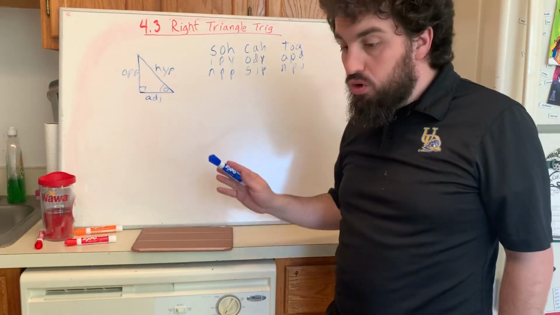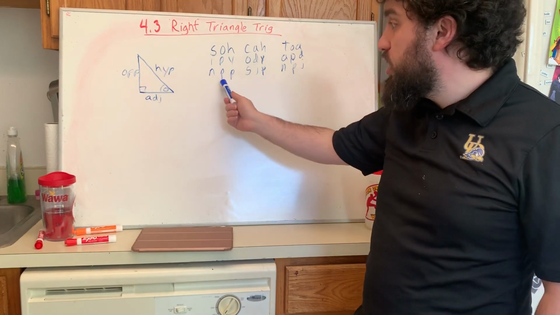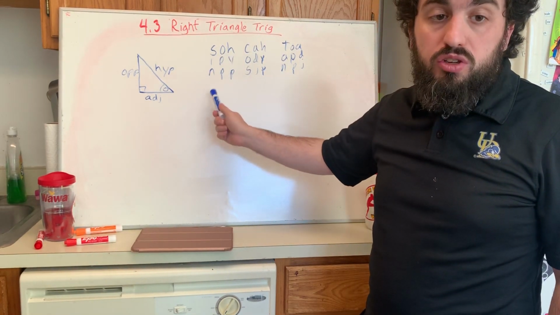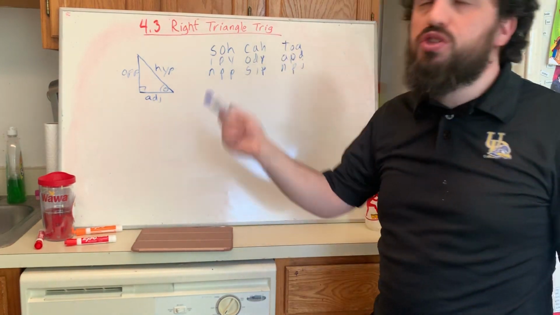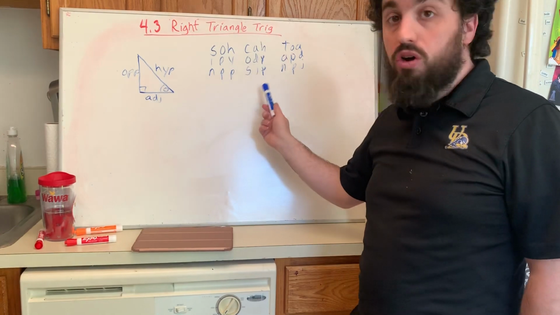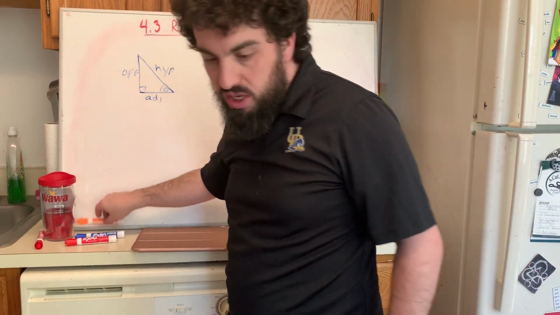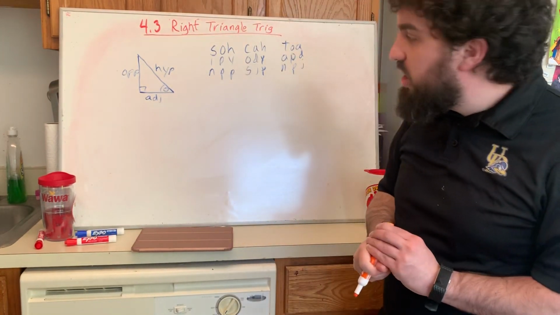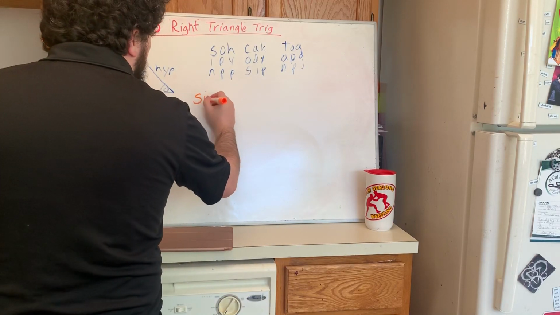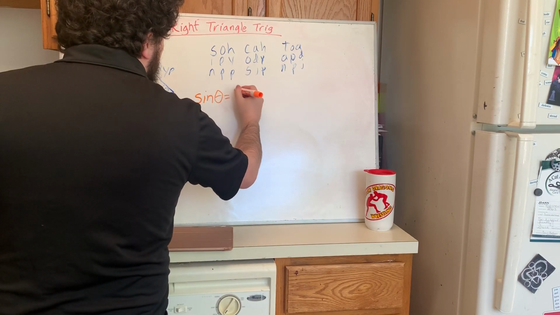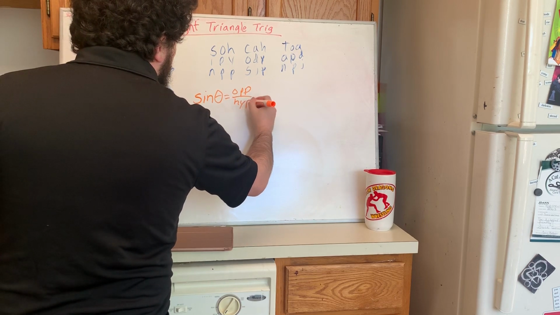So with this, we're not only going to look at these, there are the reciprocals of each of these. So we got the reciprocal of sine is cosecant. Reciprocal of cosine is secant, and reciprocal of tangent is cotangent. So in any given triangle, I know that the sine of an angle, so sine of theta, is always opposite over hypotenuse.